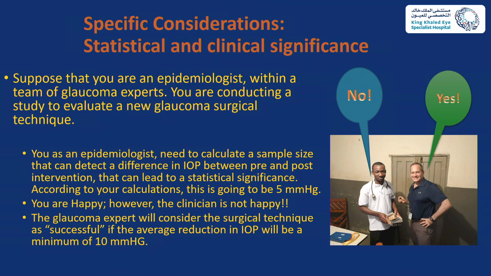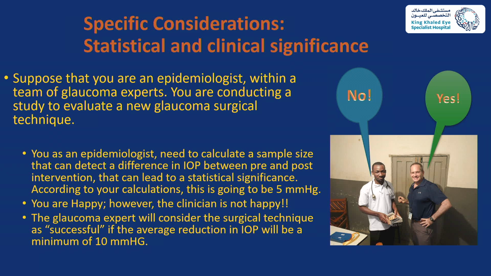There is also always a debate between the epidemiologist and the clinician. The clinician would say, I have the so-called clinical significance. The epidemiologist would say, I have the so-called epidemiologic significance. So what is the difference between those 2 terms?